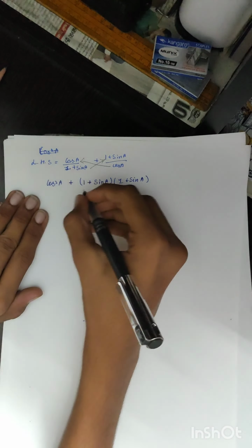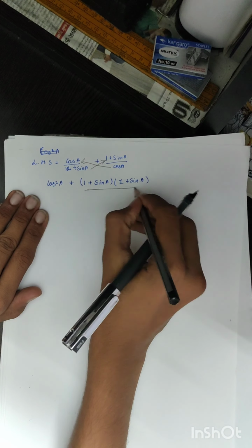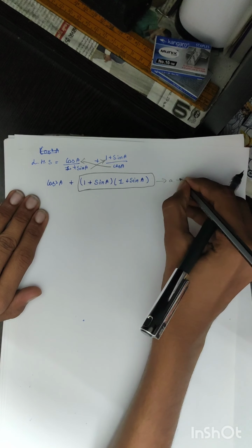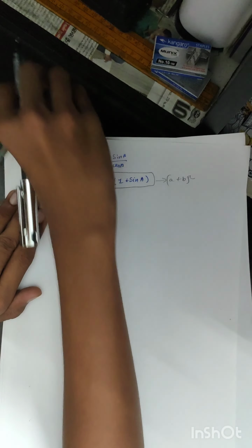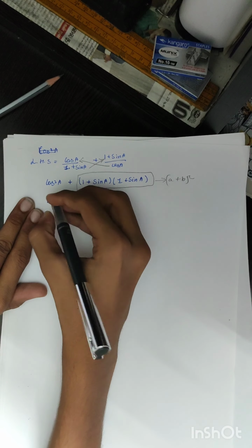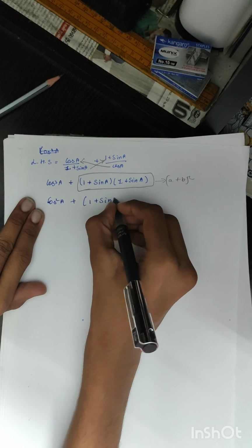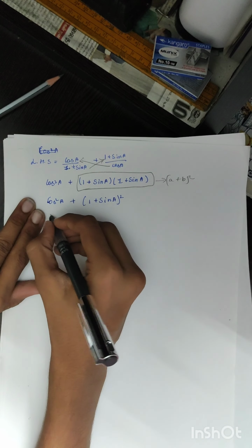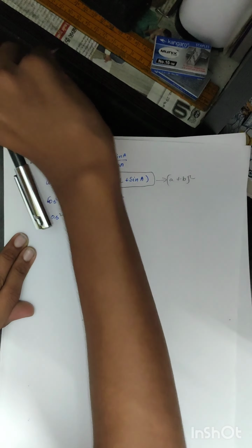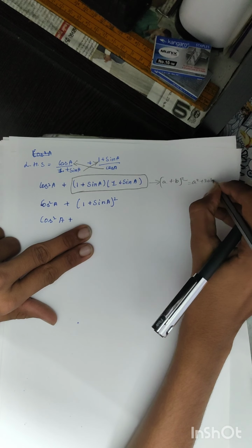This step can be written as a plus b the whole square. So cos square A plus 1 plus sin A the whole square. We know that a plus b the whole square is equal to a square plus 2ab plus b square.